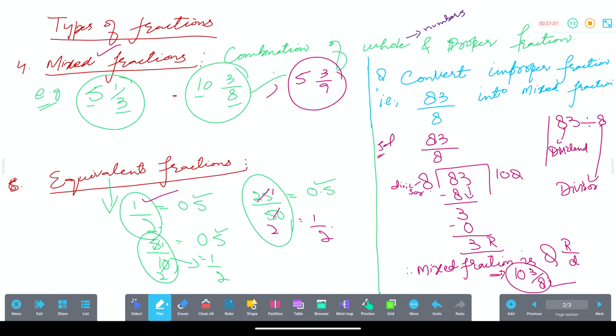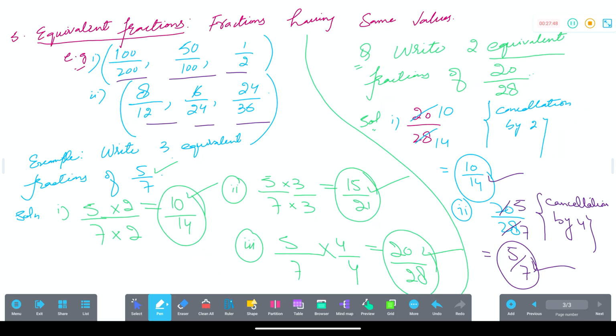We understood how to convert mixed fractions to improper fractions and improper fractions to mixed fractions. Then equivalent fractions, we came to know what actually are equivalent fractions. Then we just did how we get more equivalent fractions of a required fraction. It is either by multiplication or by division: doing the cancellation by the same number, or doing the multiplication by the same number to both numerator and denominator. Now we are going to the next slide.